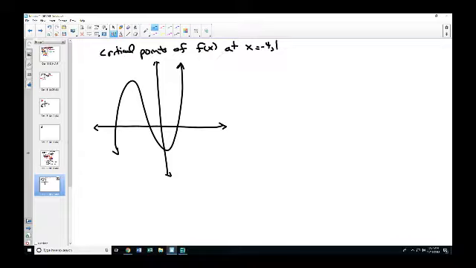X equals what? Negative 4 and 1. It's not a point. It's just x values.